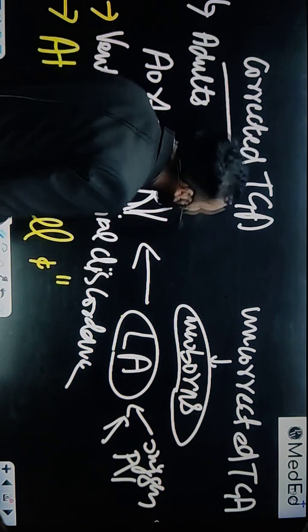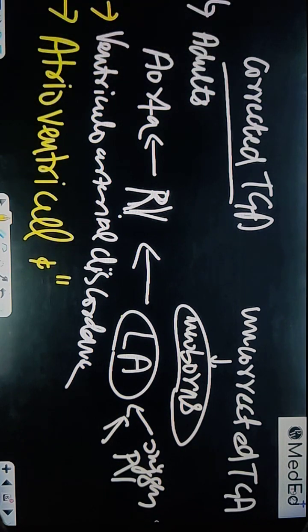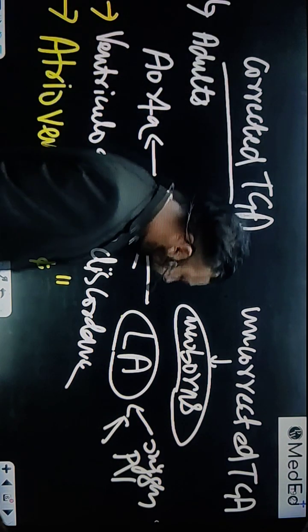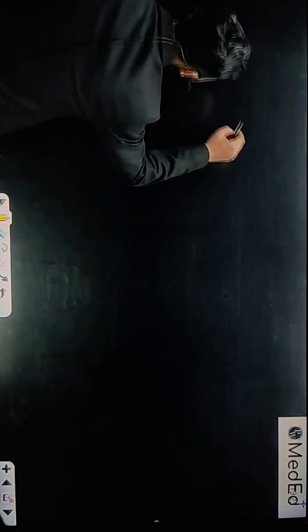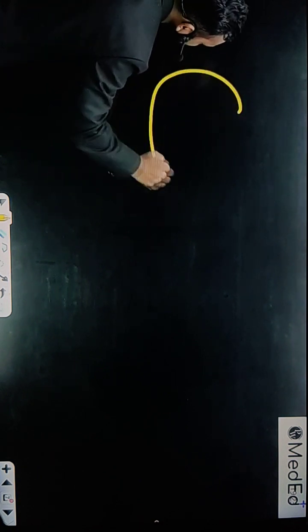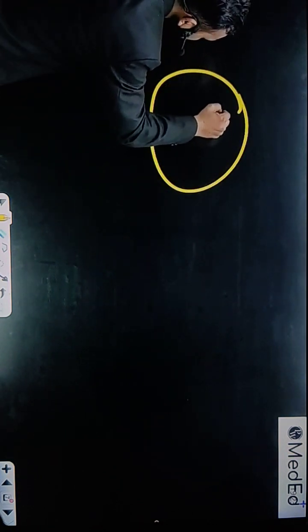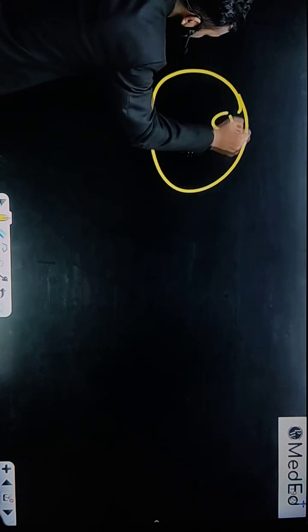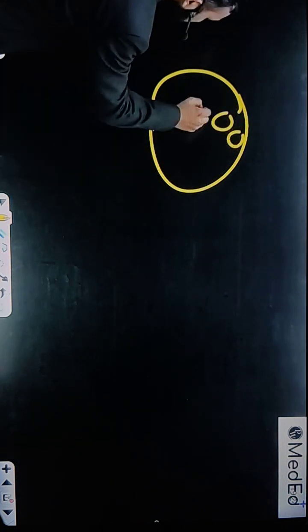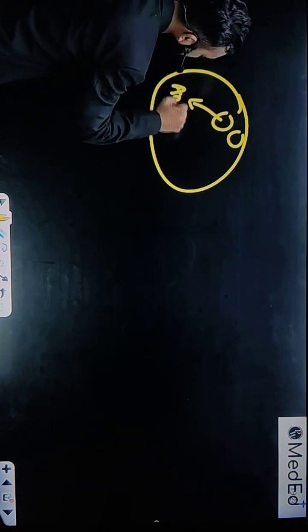Right? So this is what you mean by corrected TGA and uncorrected TGA. So why is superior mediastinum shortening happening? Guys, if you look at the mediastinum, normally the aorta is lying posterior and to the right of the pulmonary artery.